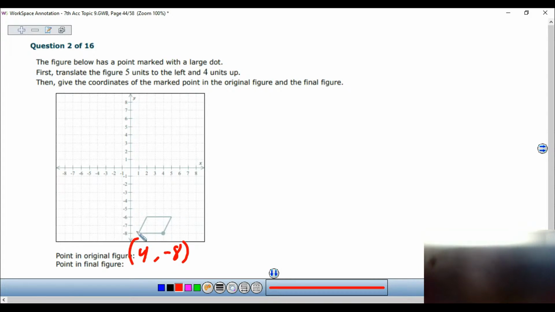So 4, we're going to go 5 to the left. 1, 2, 3, 4, 5. We're moving 4 up. 1, 2, 3, 4. That's the new point. The new point is -1 for x and -4 for y.